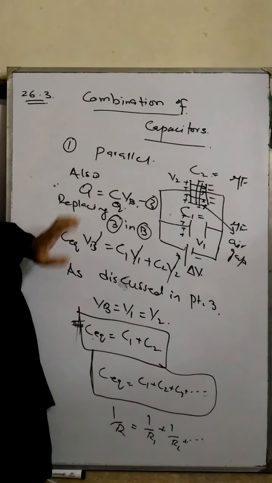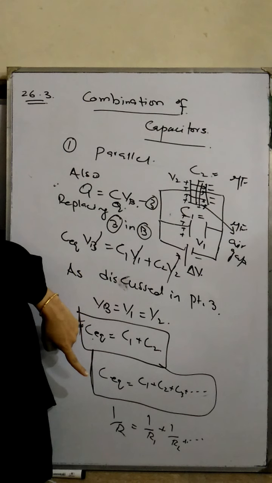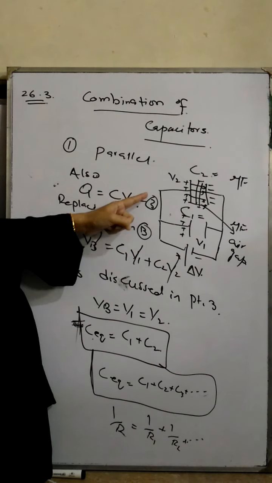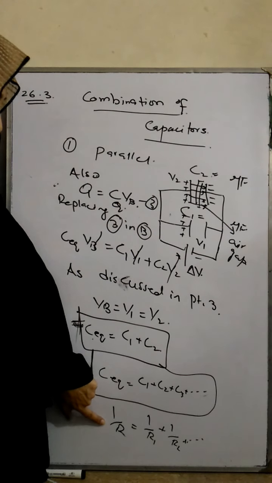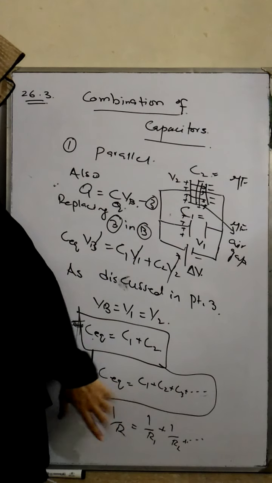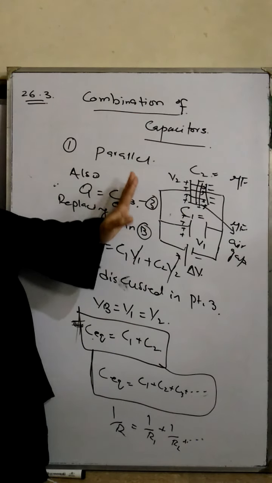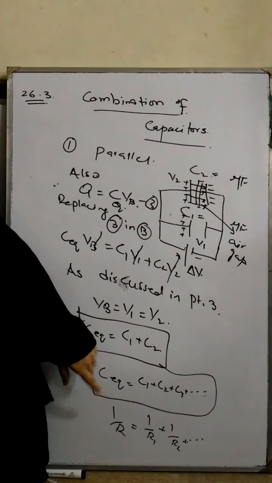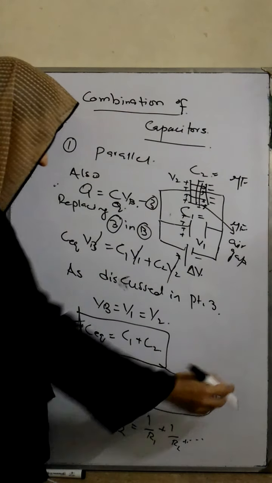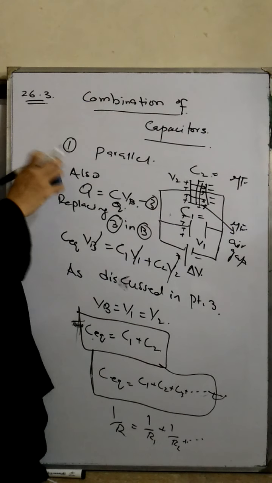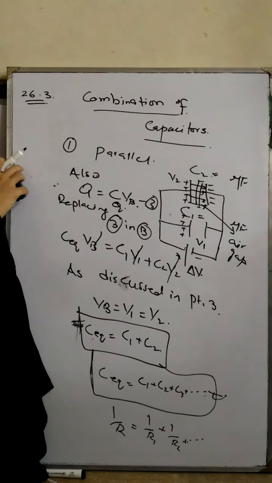So whenever you have resistors arranged in parallel combination, you will have to find the equivalent resistance by taking the reciprocal of the sum of all the resistors. But in case of capacitors, you simply have to add them and you'll get the equivalent capacitance of the circuit. So this is it. Now I'll try to solve a problem for this.